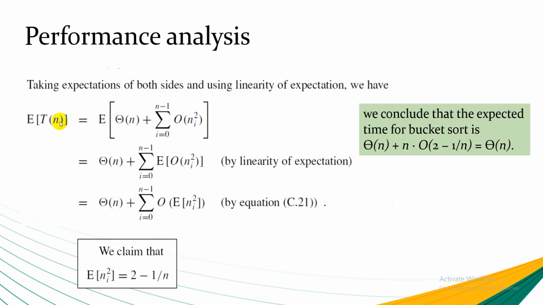If we calculate the average performance given this uniform distribution, we get that the running time is theta of n minus this value, which is equal to 2 minus 1 over n. So for n very large, this is like 0, and this becomes a constant, and then the performance is of order n.